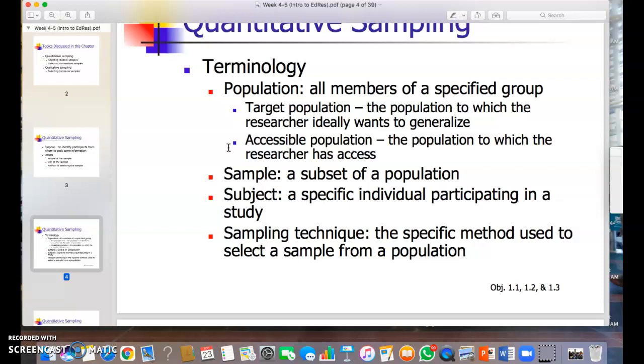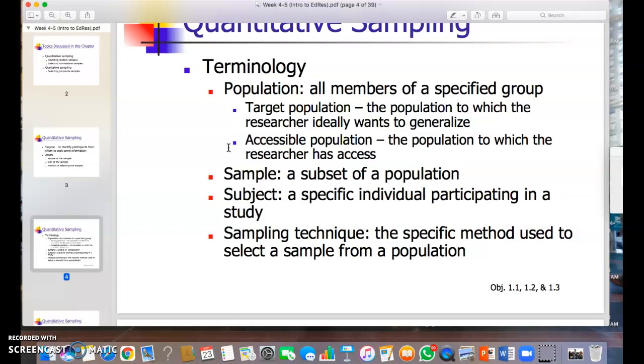So you have the easiest one to access. For example, in South Sulawesi, Selayar district is one of the accessible populations for you. So you're going to look at the senior high schools in Selayar.